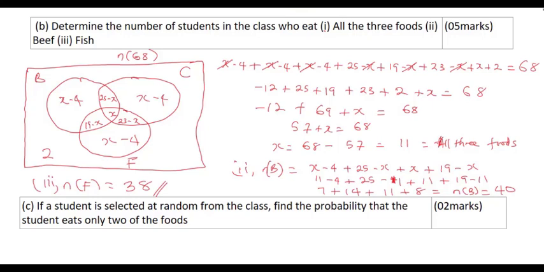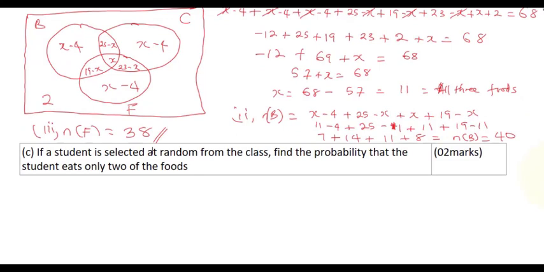It says if a student is selected at random from the class, find the probability that the student eats only 2 foods.